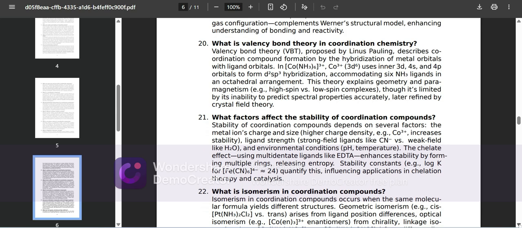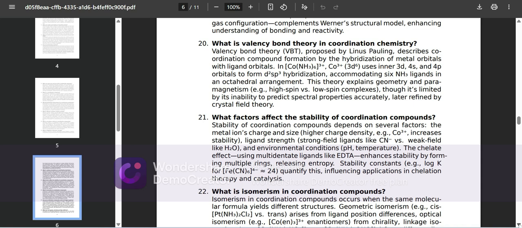What is valence bond theory in coordination chemistry? Valence bond theory, VBT, proposed by Linus Pauling, describes coordination compound formation by the hybridization of the metal's orbitals with ligand orbitals.